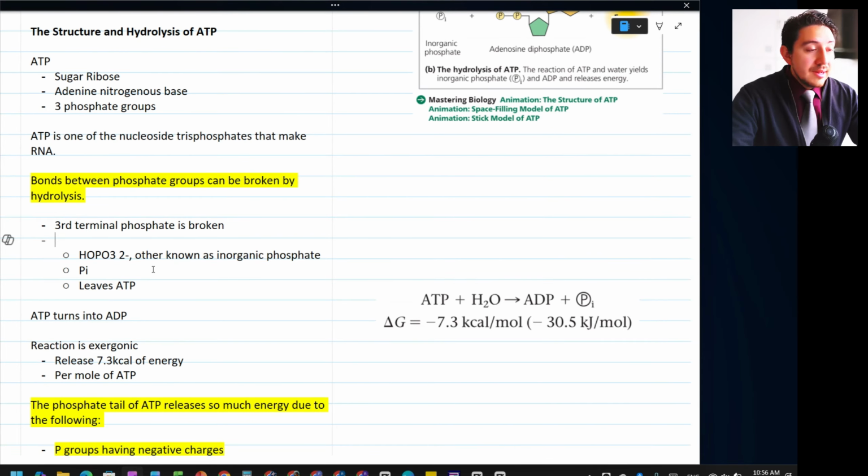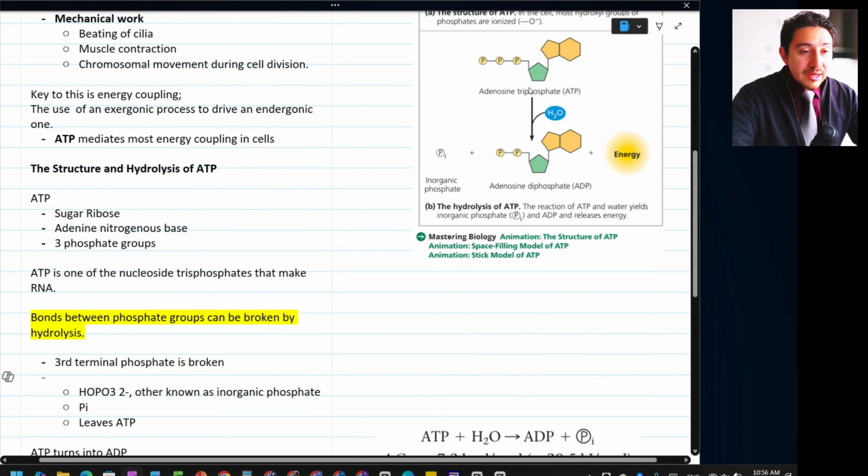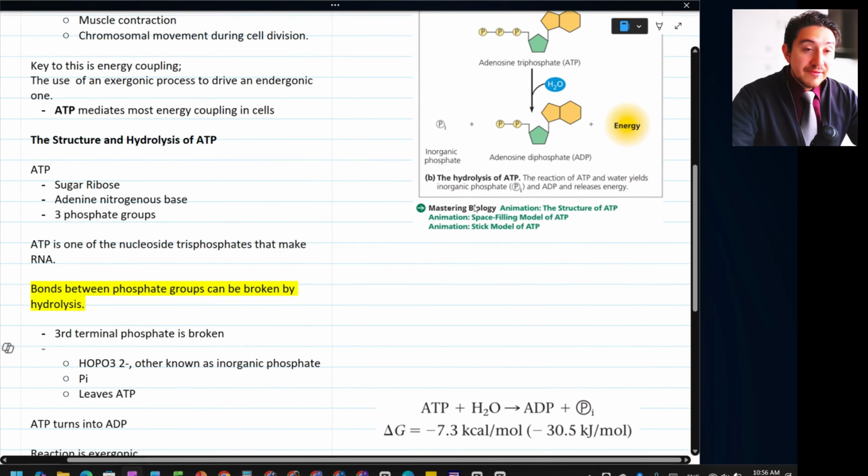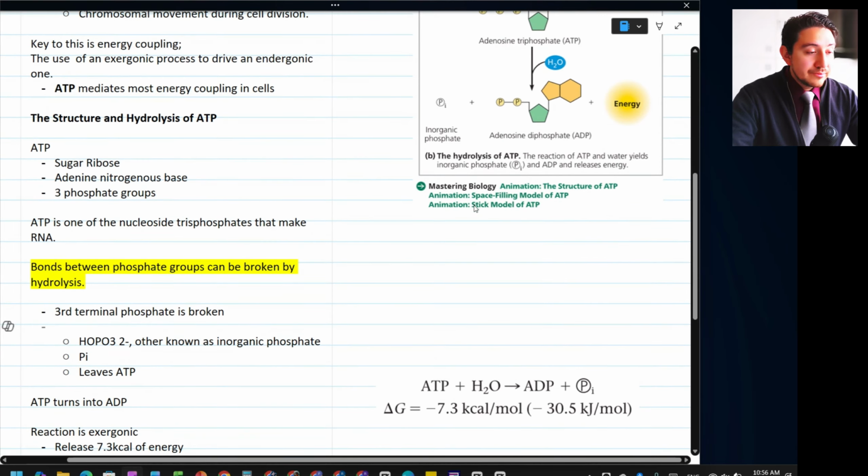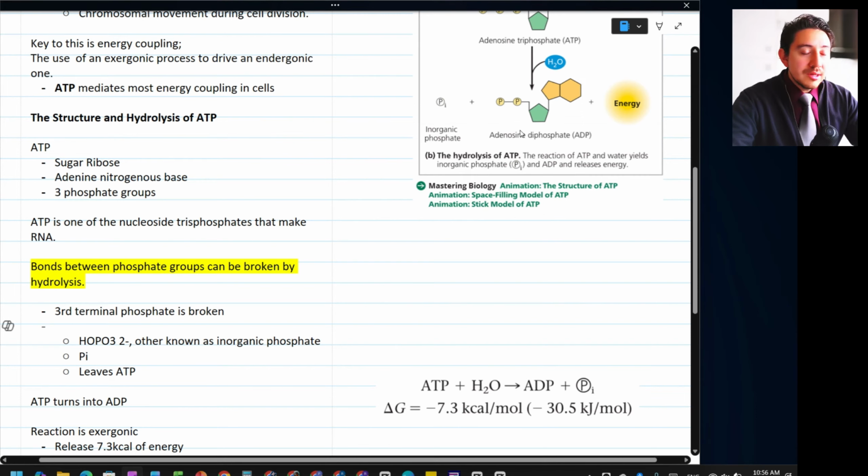And when you hydrolyze, looking at this panel here, you have ATP. When you hydrolyze ATP, the third phosphate is broken. It's released here. And that hydrolysis can also liberate energy to whatever it's coupled to.